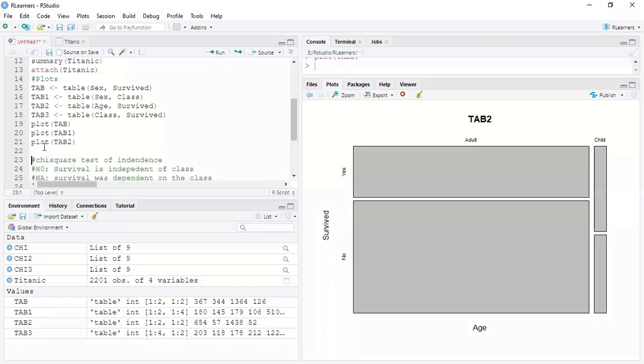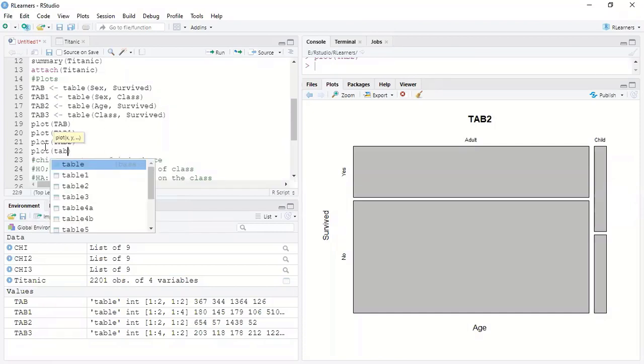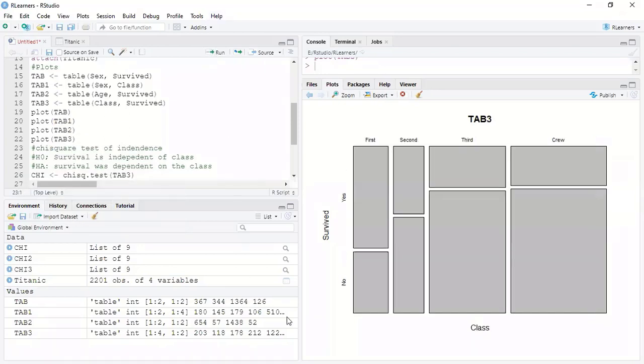We can plot the other one. Let's plot tab 3. Yeah, survival according to class. First class, second, third, and all that.